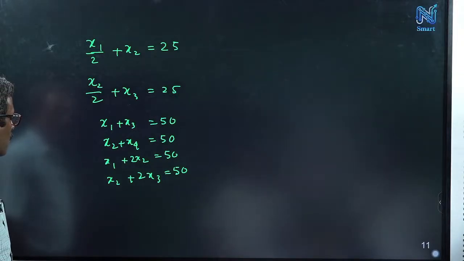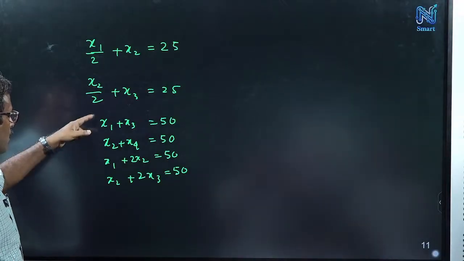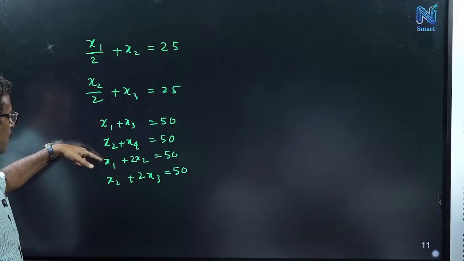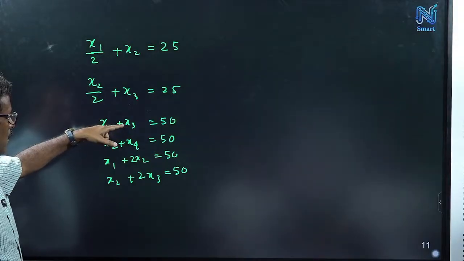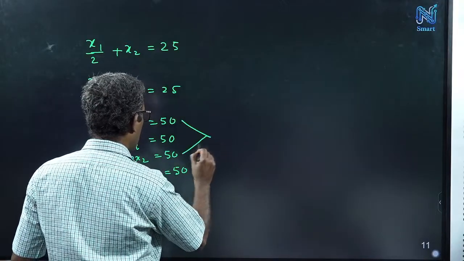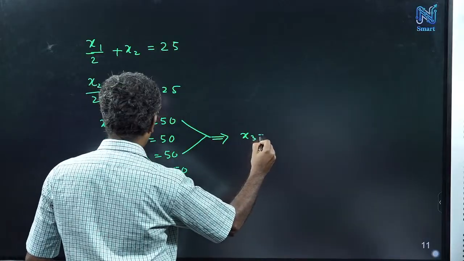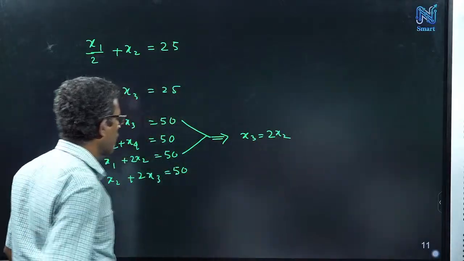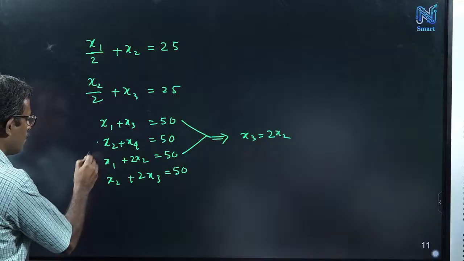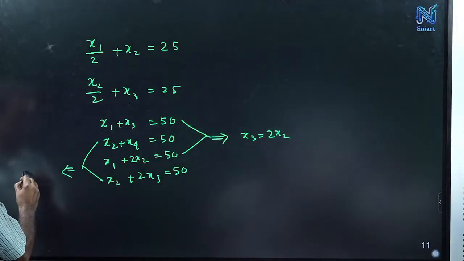You have to eliminate. From these two, you can eliminate x1, so it is x3 minus 2x2. So x3 is equal to 2x2, right, and from these two, both are 50.